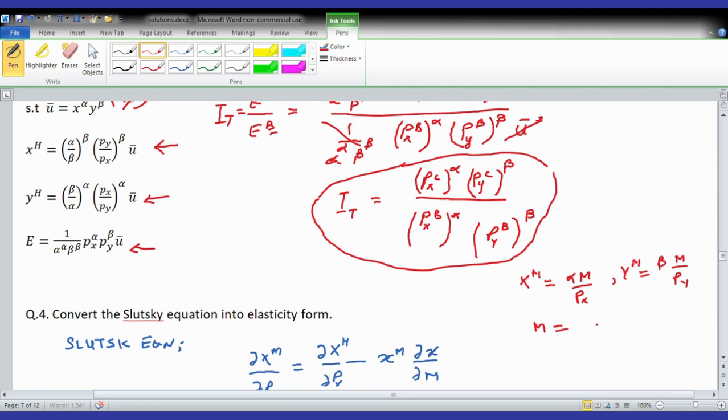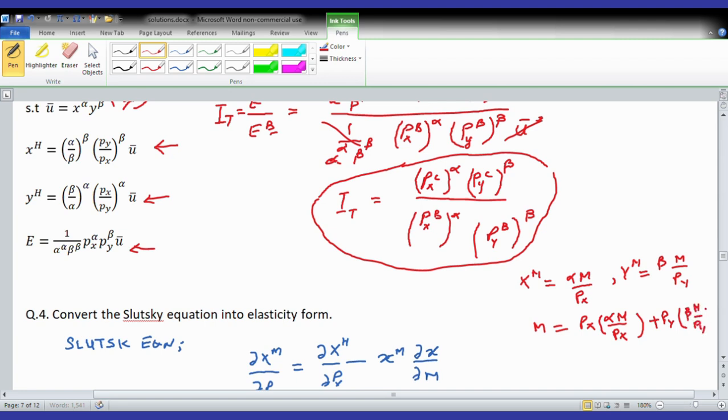px x, and in place of x write down the Marshallian demand function here, px times alpha m over px, and similarly write down the Marshallian demand function for y here, py times beta m over py.